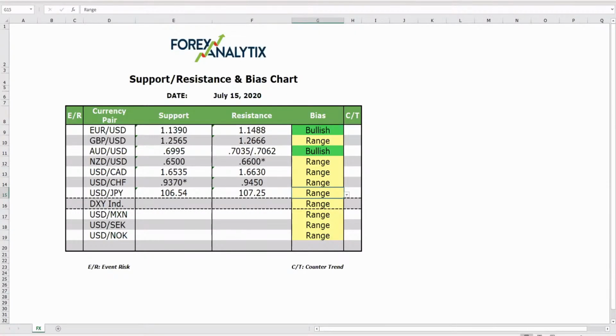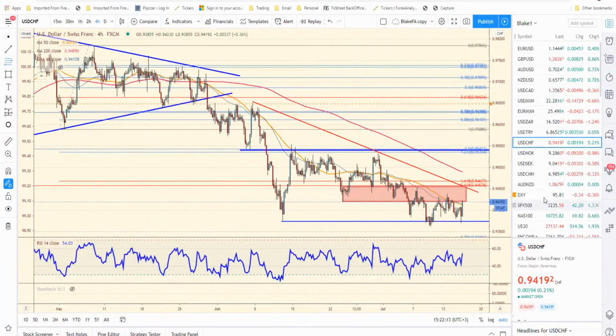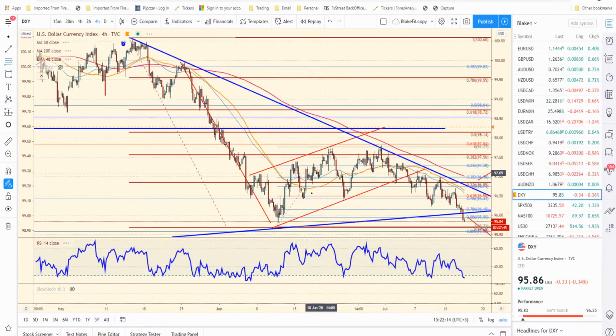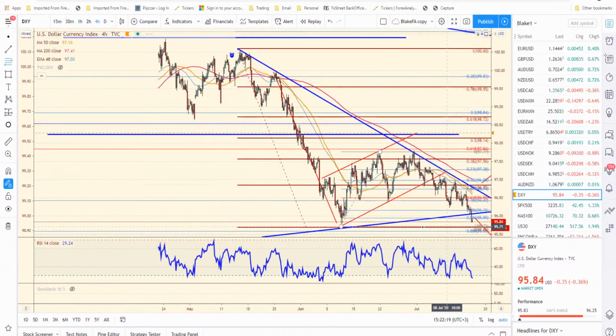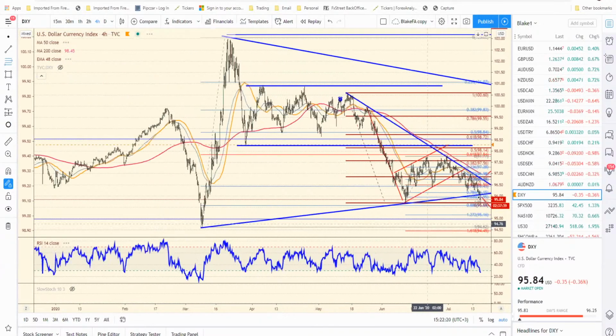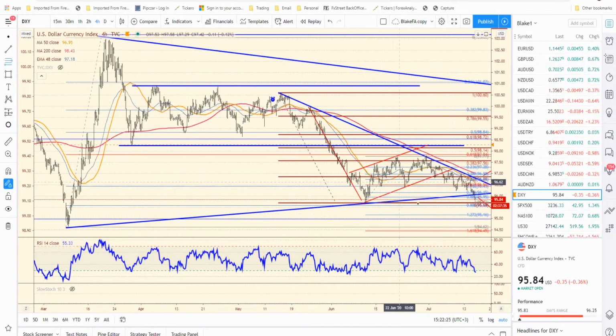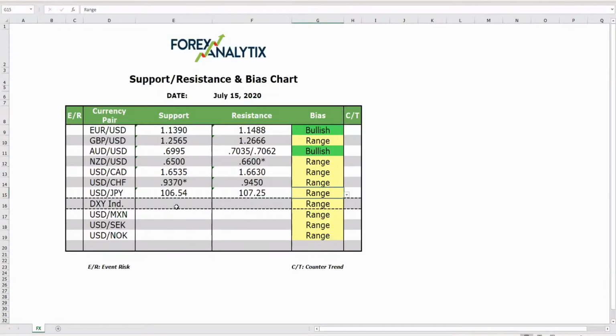Next up, dollar index. Let's take a look at the Dixie. So here's the dollar index. Dollar index approaching horizontal support. Now we're already below what I would consider trendline support, so it's bearish. Obviously the bear flag's trying to play out, but this support right here at 95.70 is going to be key.